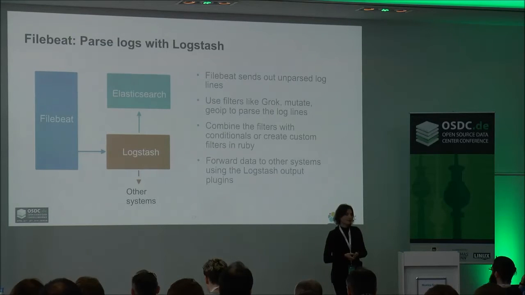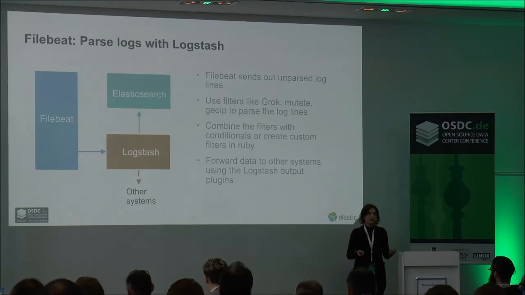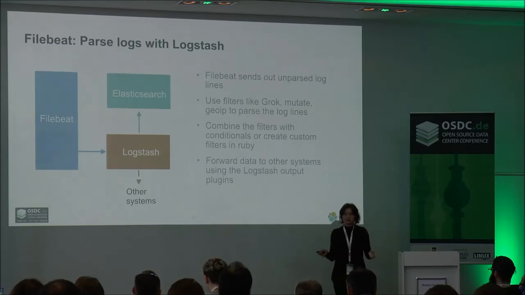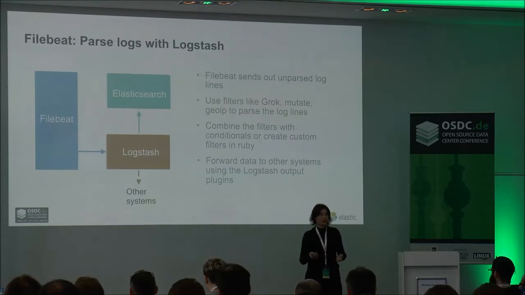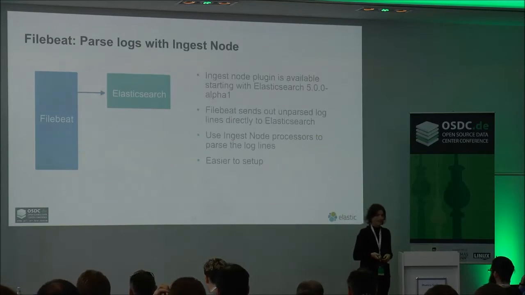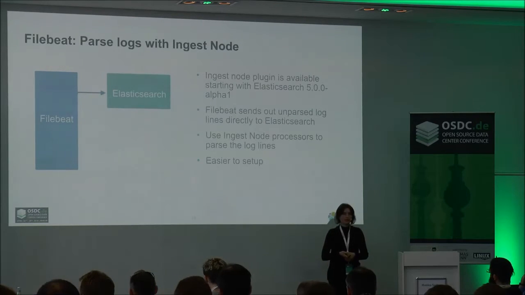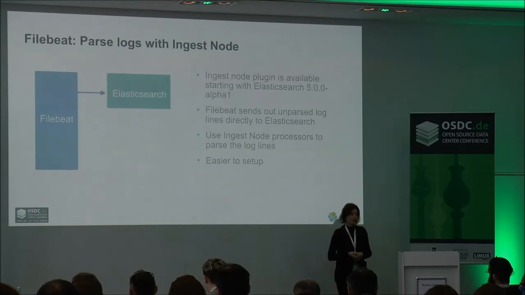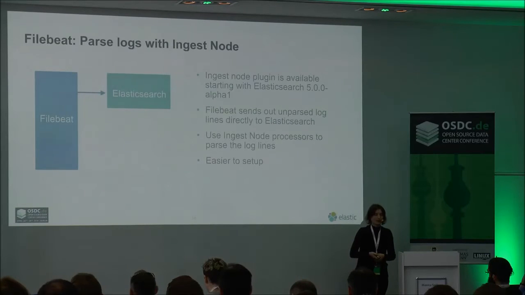And it's nice because in Logstash, the filters are quite flexible in the sense that you can group them by conditionals, and you can also create your own custom filters in Ruby. Another option is to use the ingest node plugin of Elasticsearch that is available starting with 5.0 Alpha 1.